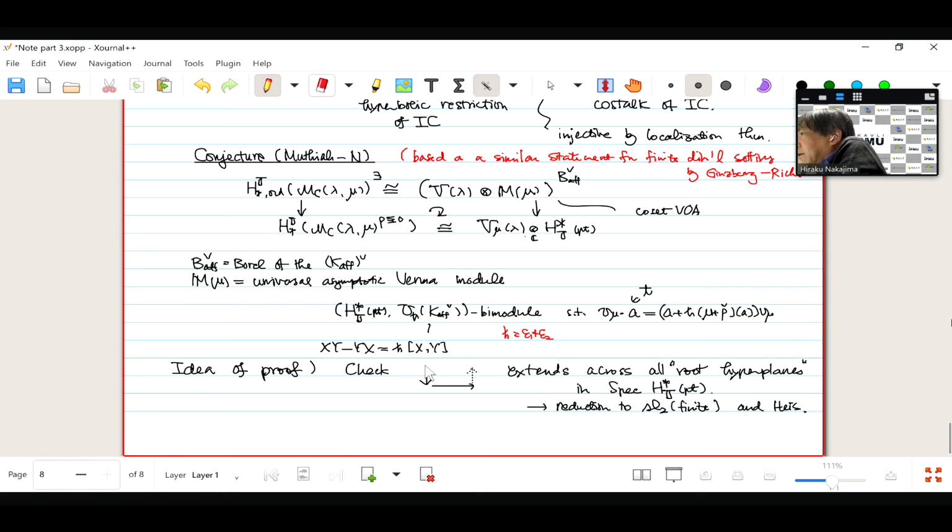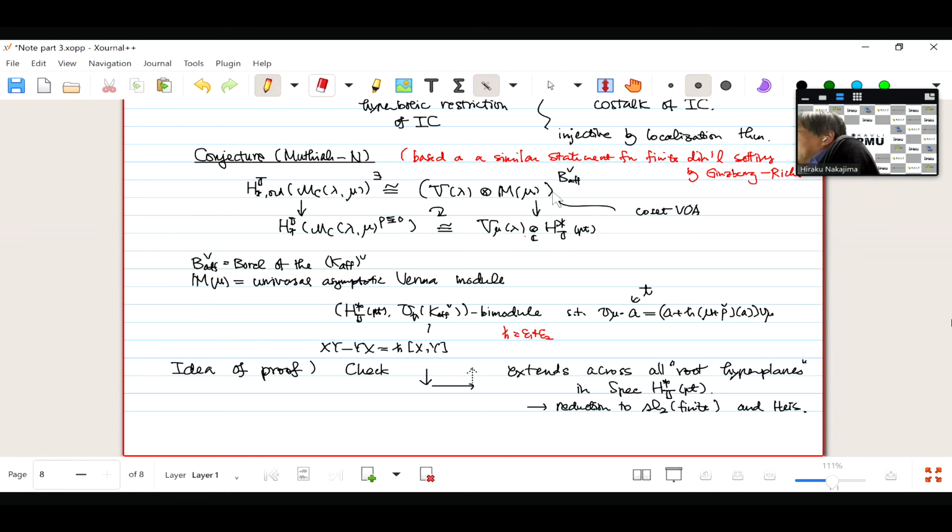So you can consider the composite by composing with the inverse of this homomorphism, but that is defined only after tensoring with the fraction field. So for the actual statement, because we have three maps, and also this is an isomorphism over the fraction field, if such an isomorphism exists, it must come from this composite.